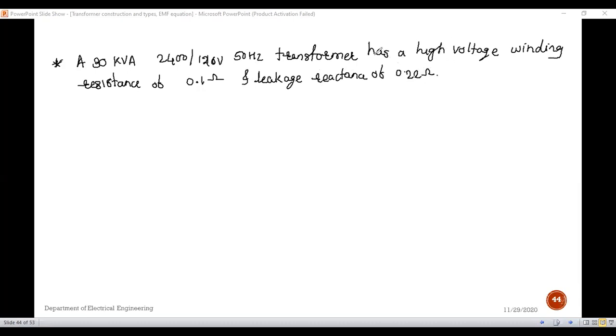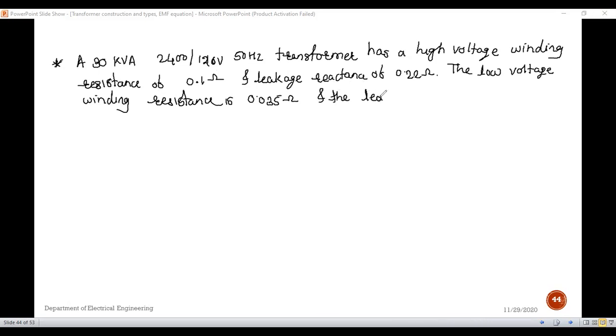The low voltage winding resistance is 0.035 ohm, and the leakage reactance is 0.012 ohm.